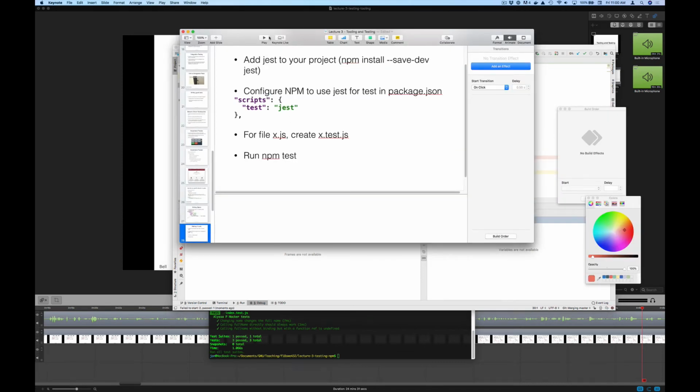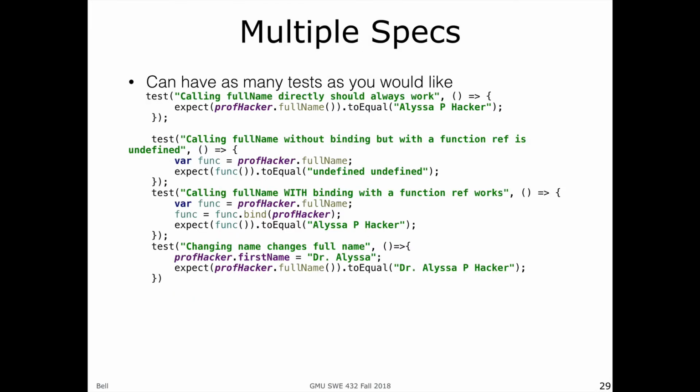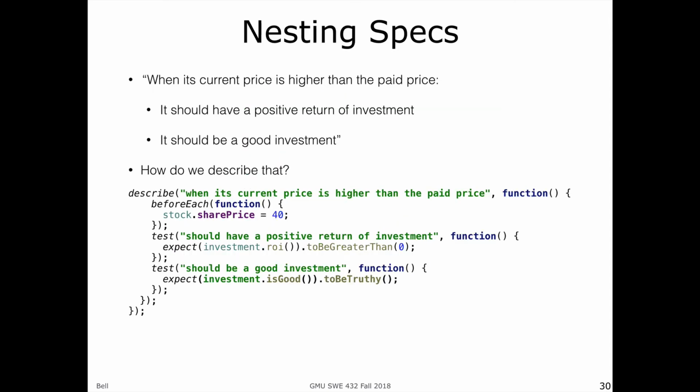Okay. So again, we can have as many tests as we would like. We just keep layering them all into the file there. I could define a whole bunch. We can nest the specs, like I showed in the example.